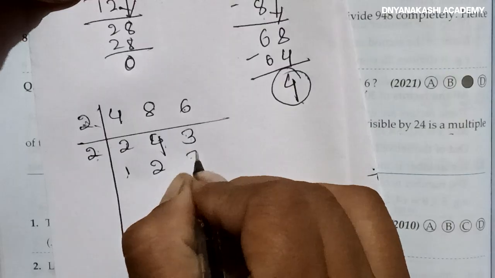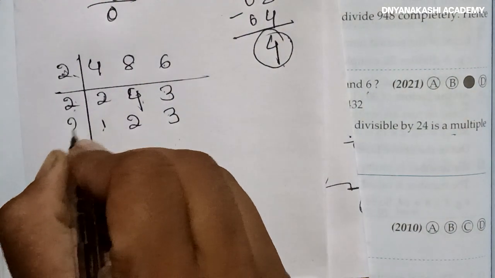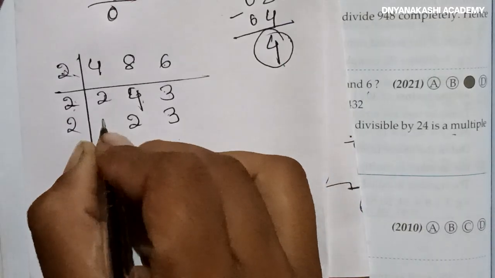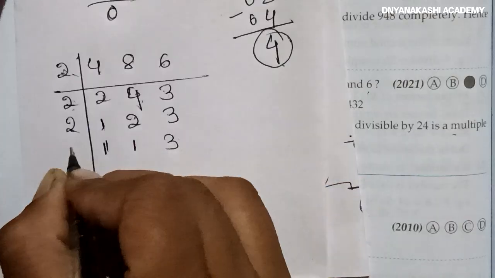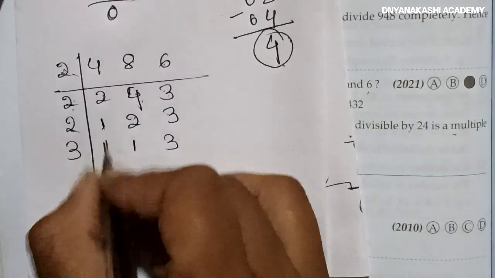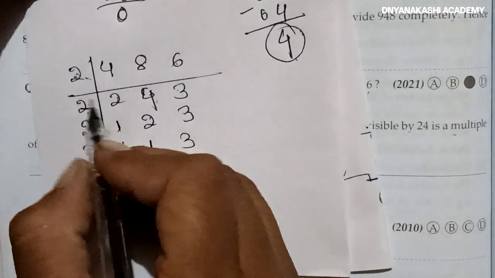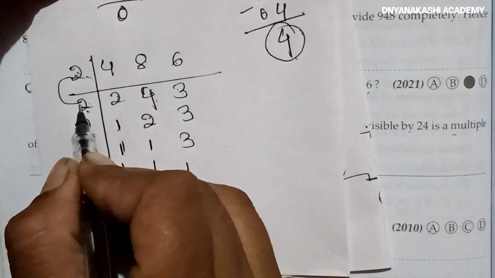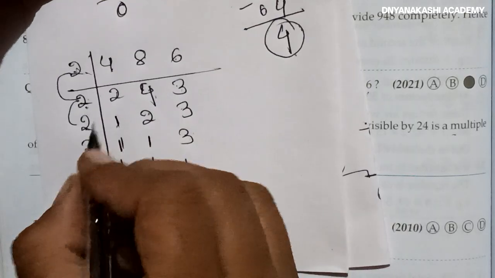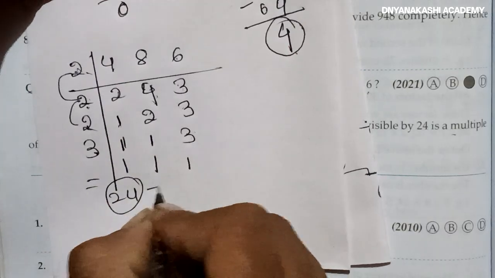That's why I write 3 as it is. Again, 2 1s are 2, and 1 as it is. 2 1s are 2 and 3 as it is. Again 1 as it is, 3 1s are 3. Now multiply: 2 2s are 4, 4 into 2 is 8, 8 3s are 24. This is our LCM.